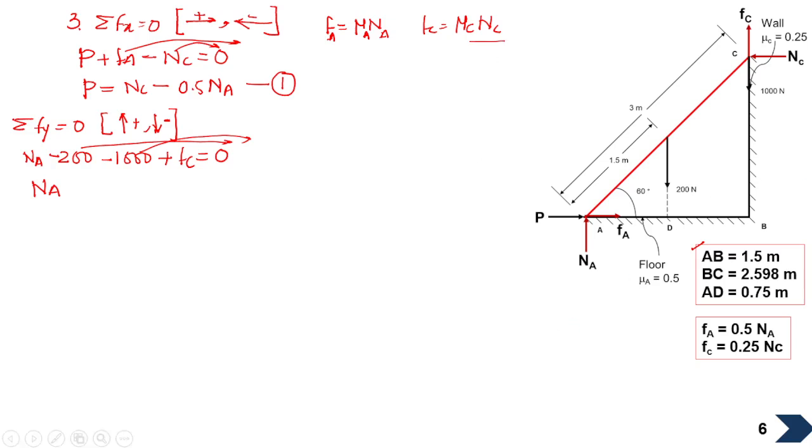Mu C is nothing but, here you have mu C as 0.25, so this will become 0.25 Nc is equals to 1000 plus 200. Okay, so we will assume this as equation 2. Okay, now we'll apply the third condition of equilibrium, which is nothing but sigma M at any support is equals to 0.